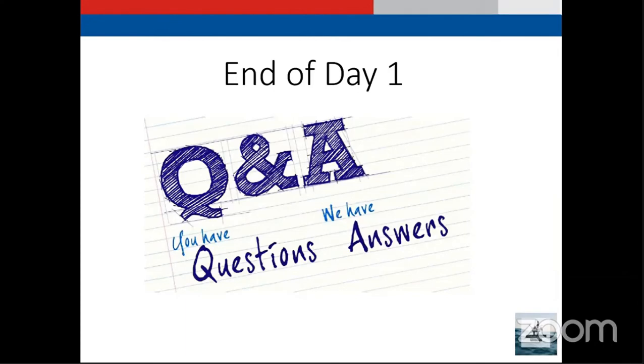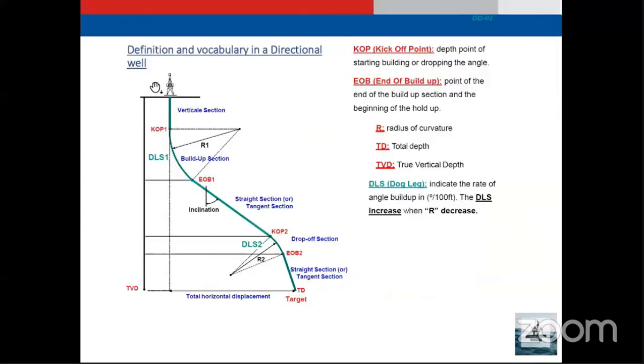Another question: what is the difference between horizontal displacement and vertical section? This is a good question. If we see this plot, horizontal displacement means the horizontal distance between the vertical locations.